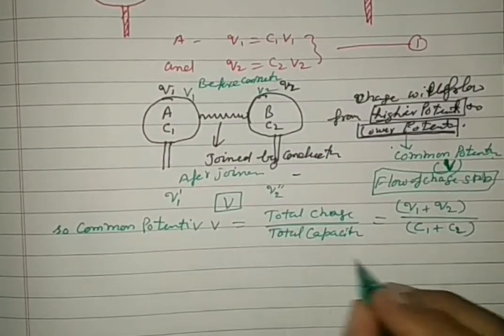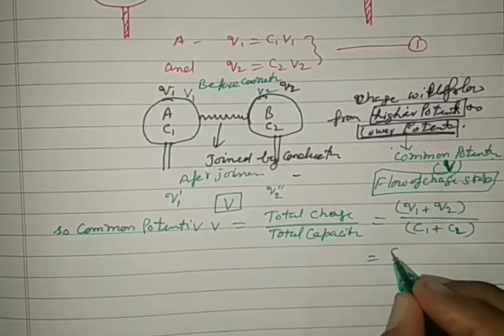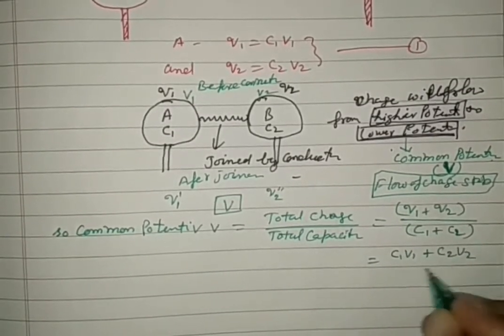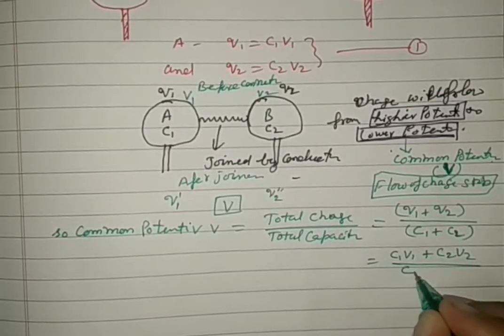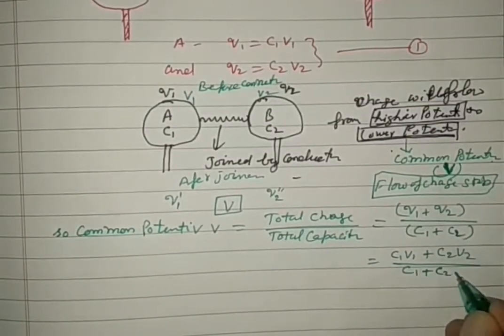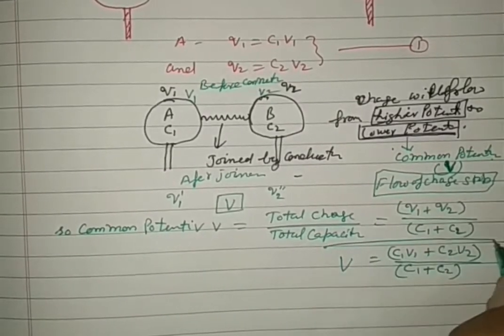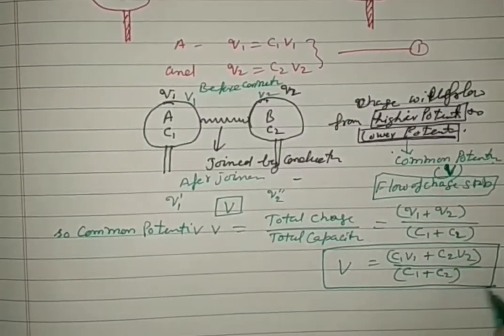We know Q1 is equal to C1 V1 and Q2 is equal to C2 V2 by equation 1, and total capacitance is C1 plus C2. So common potential is given by equation number 2.